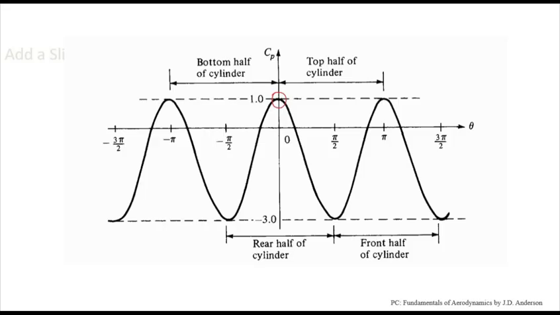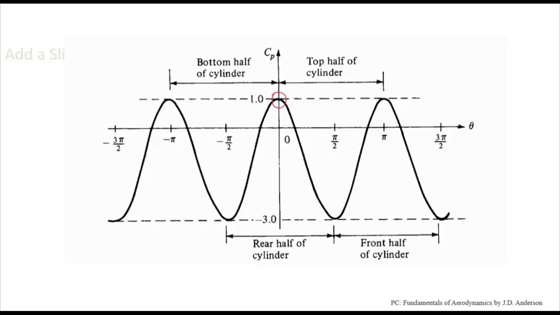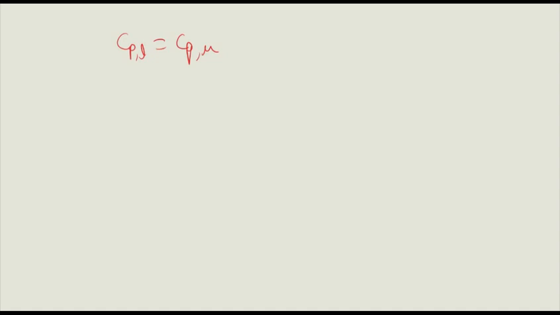So now, by looking at this figure, we can say that CPL and CPU are equal. That is, CP for the bottom surface and the upper surface are equal, which are measured corresponding along the chord, that is the radius over here, the horizontal radius.